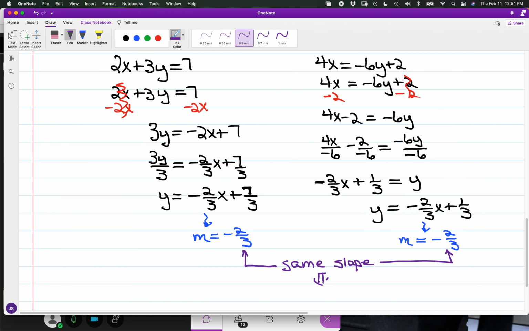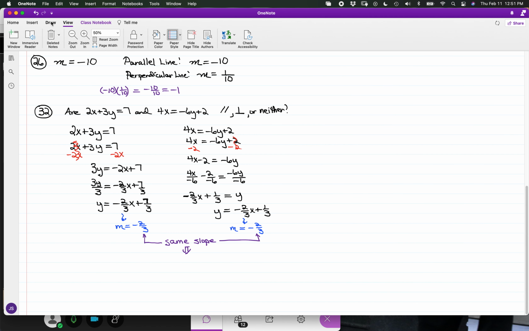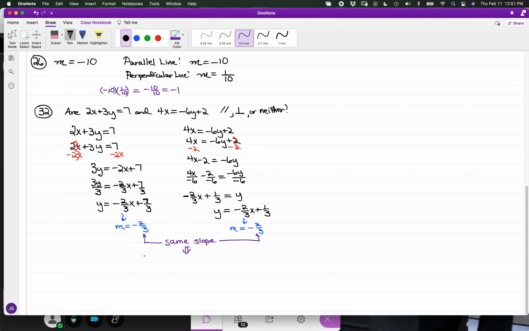Because the lines had the same slope, the lines are going to run parallel to each other. So you have parallel lines in the case of number 32.